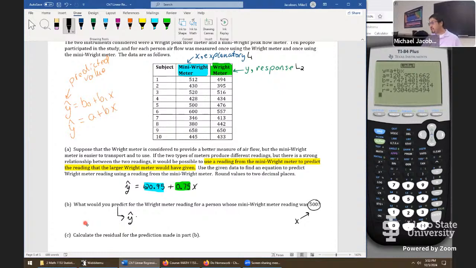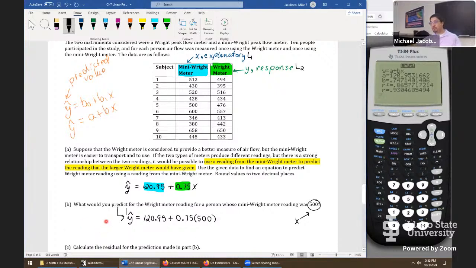The value we're trying to predict will be equal to 120.95 plus 0.75 multiplied by the provided value x, which was 500. So in part B, we're using the line to make predictions, and it's just a really fast computation. The value given is always going to be the explanatory variable, since we're using it to make the prediction for our response.